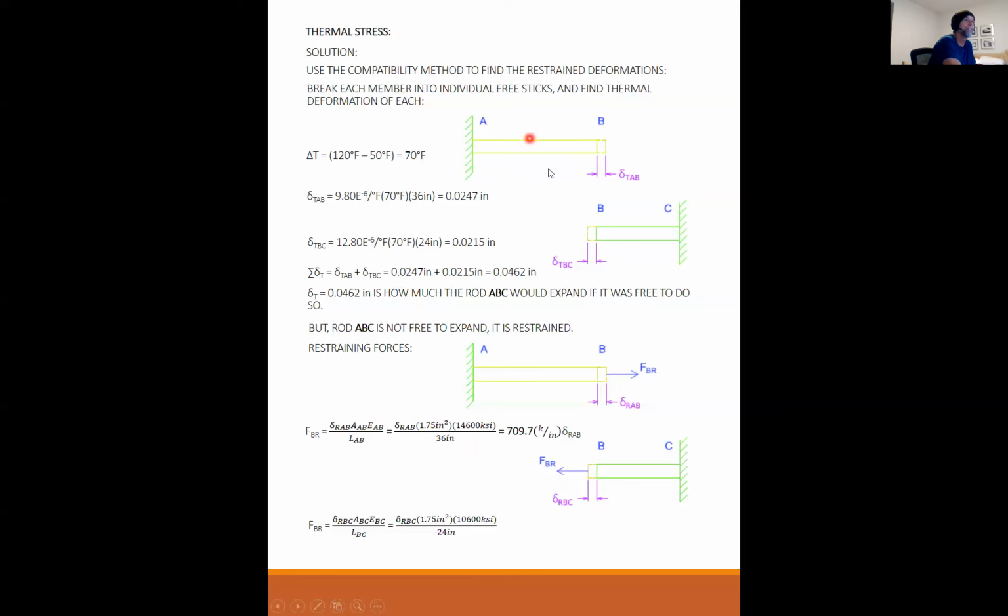This one was brass, this one was aluminum. That equals 772.9 kips per inch times delta RBC. But what is the same is the induced force in this rod, because there is no external loading on this rod. The induced force in this whole rod is the same force. So the force that is compressing AB is the same force that is compressing BC. FBR is the same as FBR.